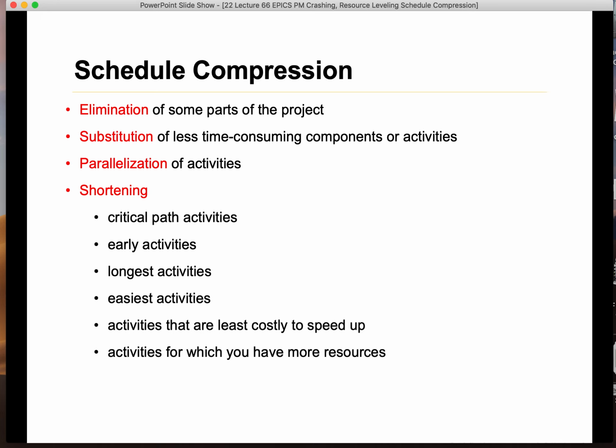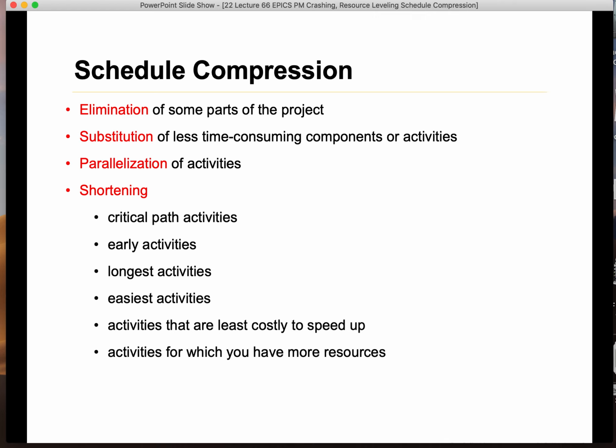How can you shorten them? Remember how we came up with the project duration in the first place. We used Simpson's rule and came up with the duration estimations, and then we added them up and came up with the project duration after we found the critical path.